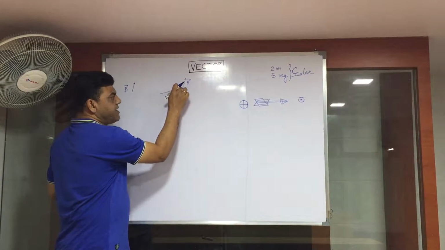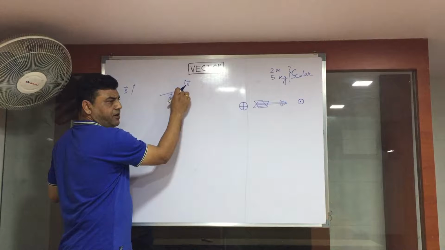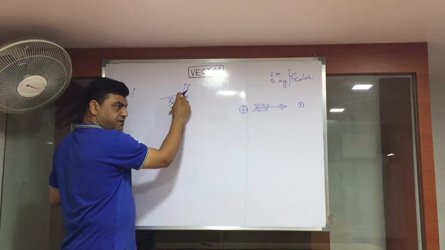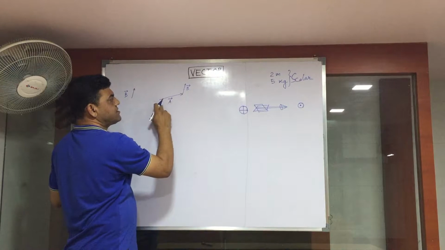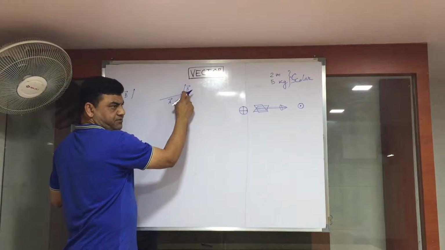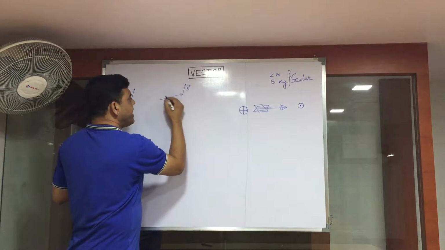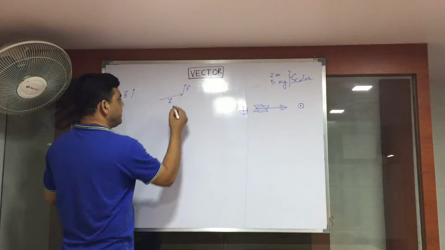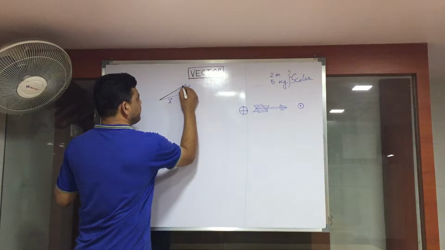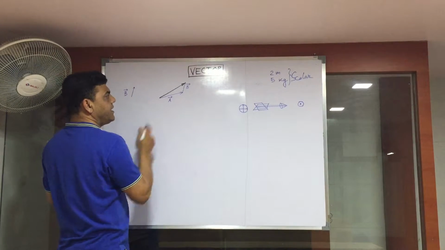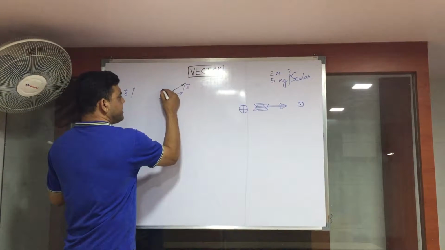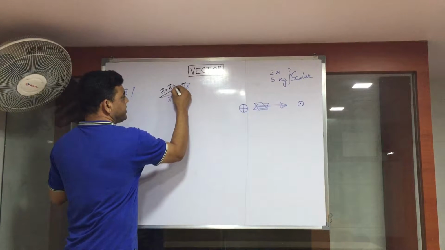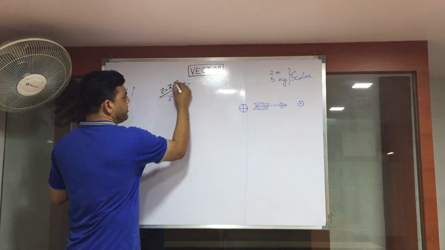I placed it at the tip of vector A, and the tail of vector B is matched with the tip of vector A. So this is the head-to-tail method, where we add them, and the resultant vector is represented like this. If I use a different color, this is that vector. If I name this vector as C, then this is nothing but the addition of vector A and vector B.